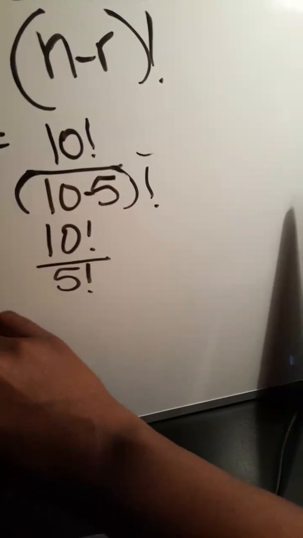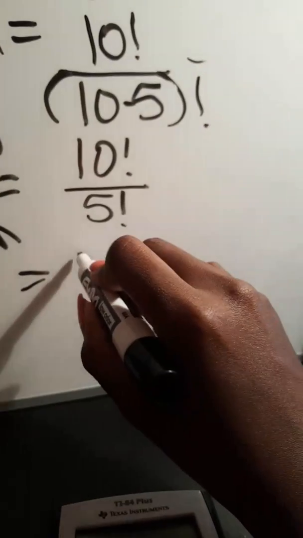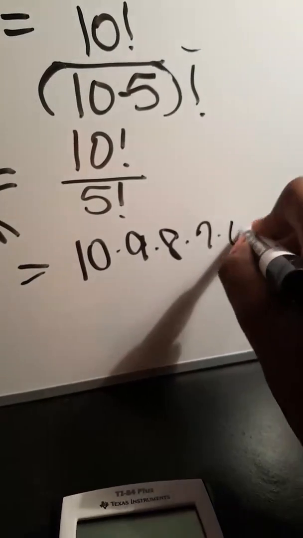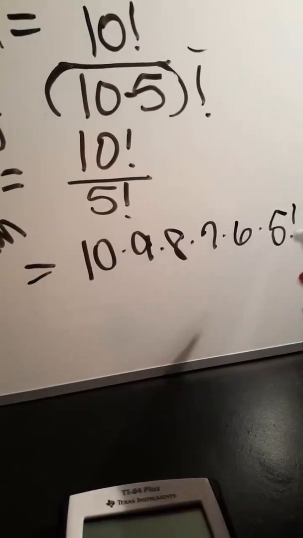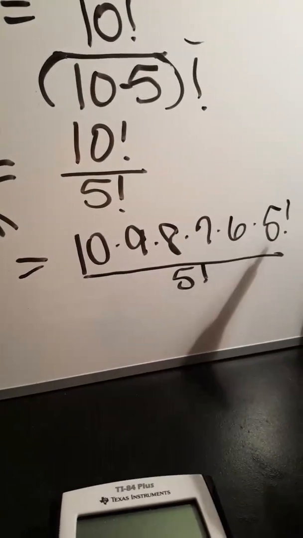Now, our third step is going to be the breakdown. So we have substitution, simplify, and now the breakdown. We can do 10 times 9 times 8 times 7 times 6 times 5 factorial, all over 5 factorial.